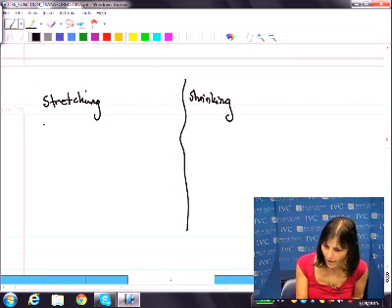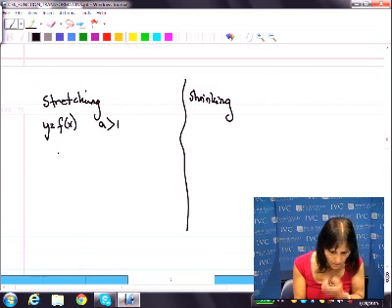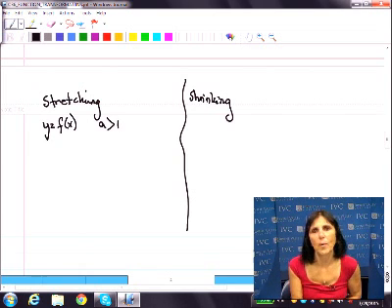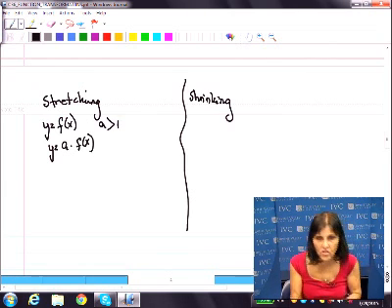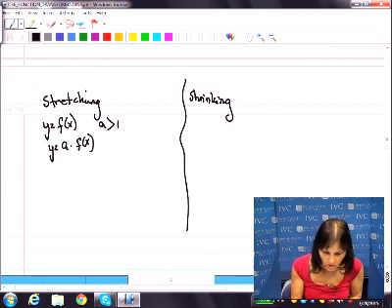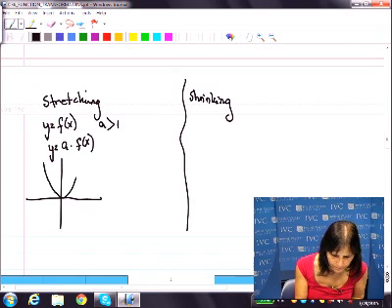So if you have y equals f of x, and I want to stretch that when my a is a positive number and bigger than 1, I do this. Take that number and multiply by f of x. So x doesn't change, but y changes by a factor of a. What's that mean? Here's my x squared.